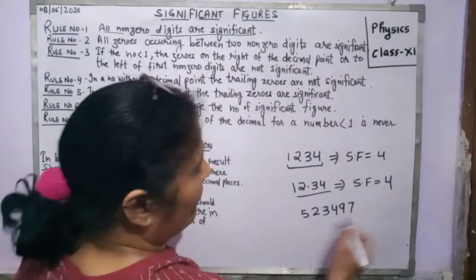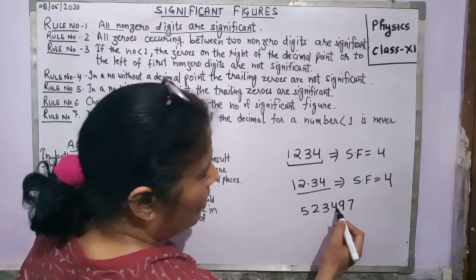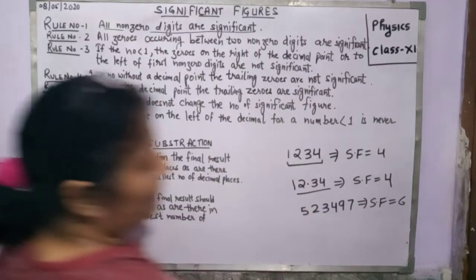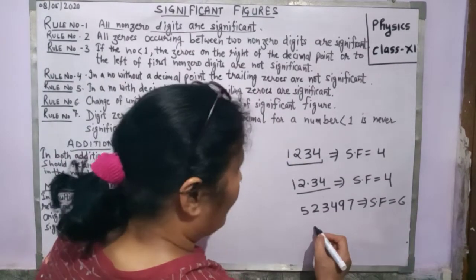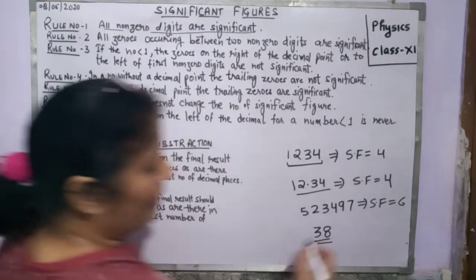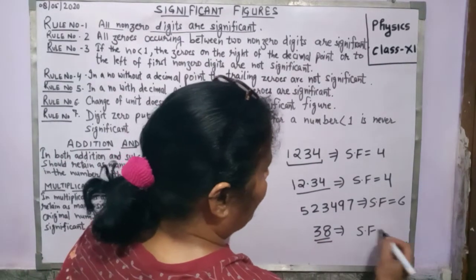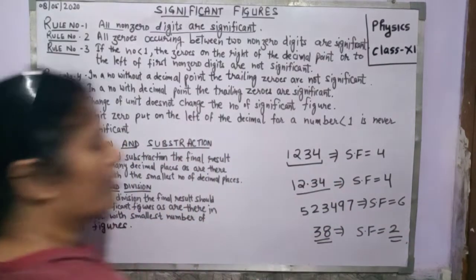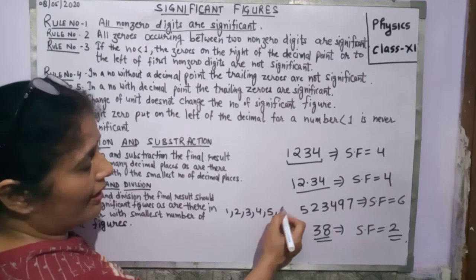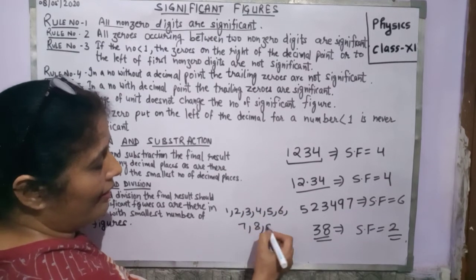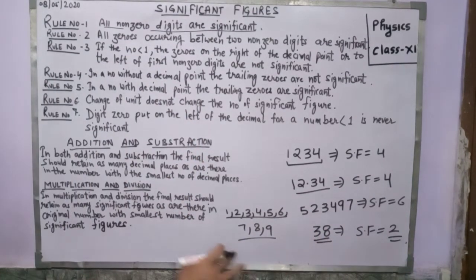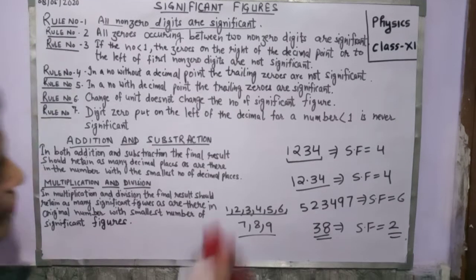How many significant figures does it have? 1, 2, 3, 4, 5, 6. That means significant figures equal 6. If there are only 2 digits, suppose 38, then it has only 2 significant figures. Then all the non-zero digits, 1 to 9, are significant. Here 0 is excluded. This is your first rule.